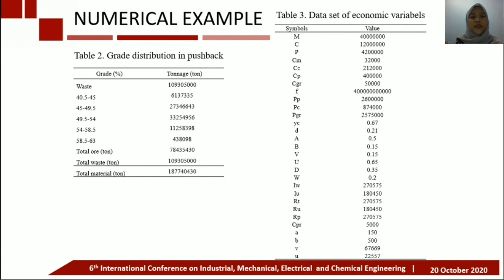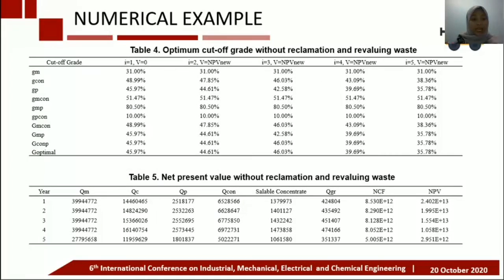And after the model is developed, we move to the numerical example. At this step, we use data from the research of Narve and Osanlo. We can see the grade distribution and the data set of economic variables in Table 2 and Table 3. In the numerical example, we calculate two things.